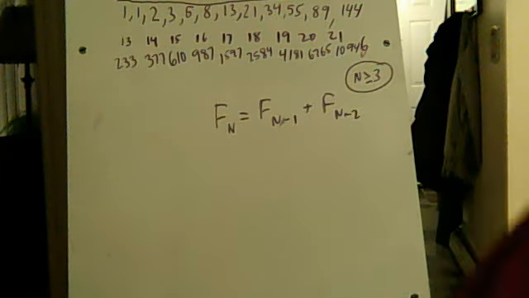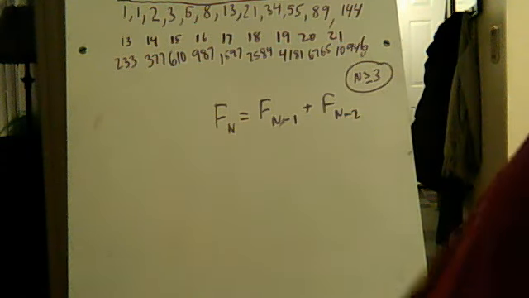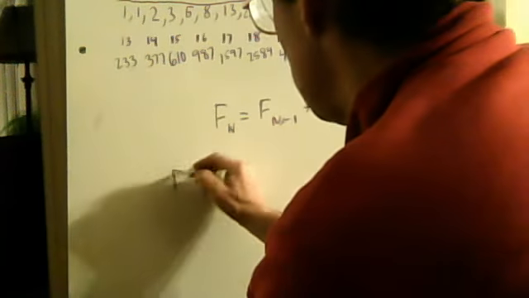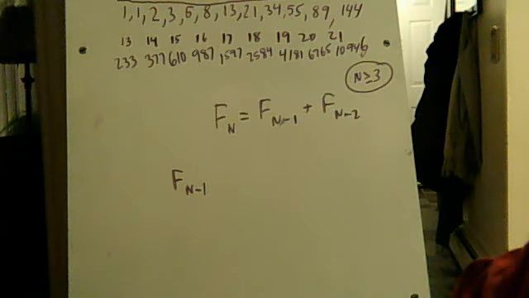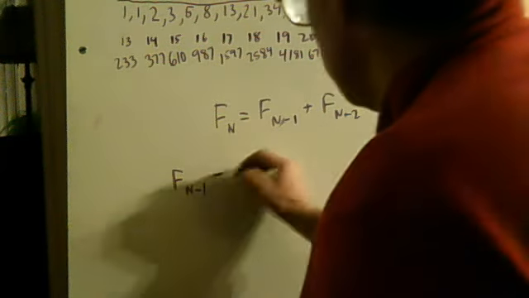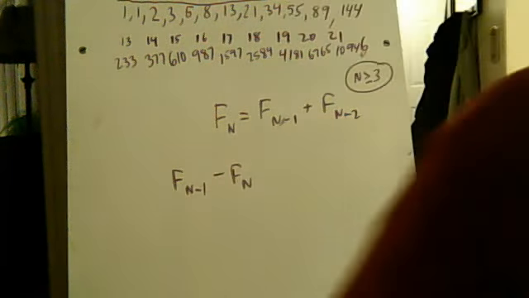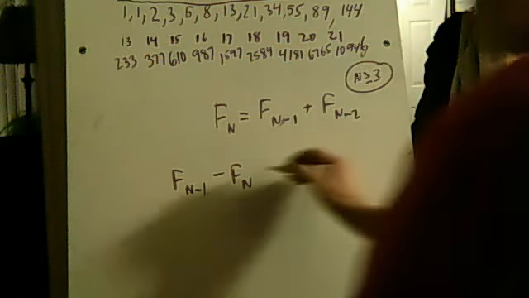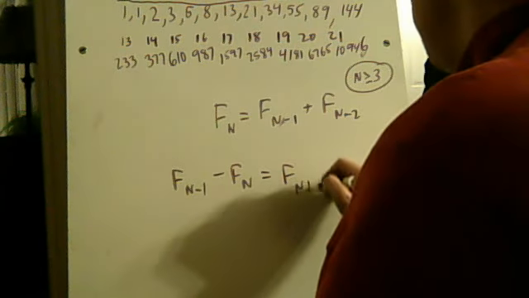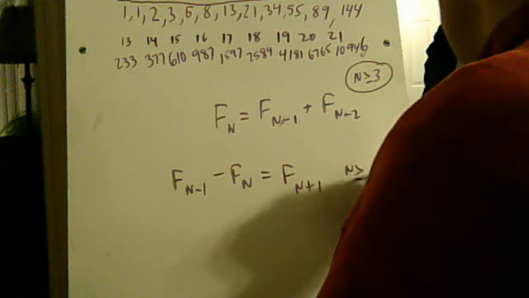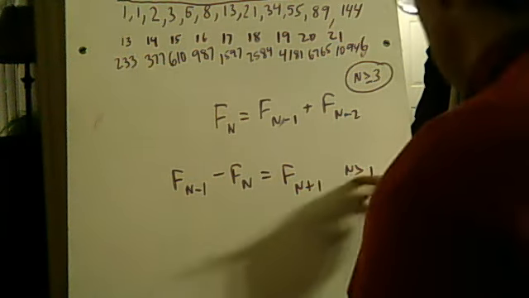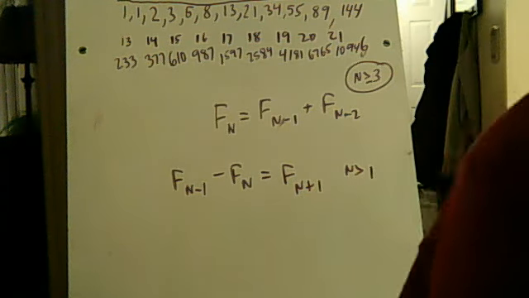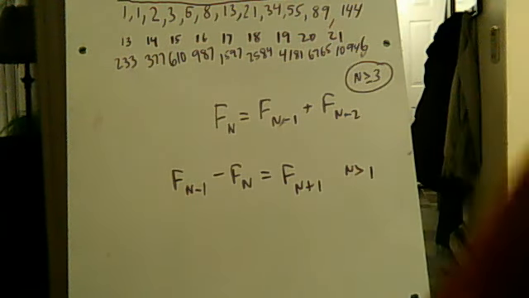Okay. So now they're saying, is this equivalent to one of these following? For example, take the statement f n minus 1 minus fn equals fn plus 1, n greater than or equal to 1. I'm sorry, just say n greater than 1 is what it says. N equal to 1, that wouldn't work, that would be 0.